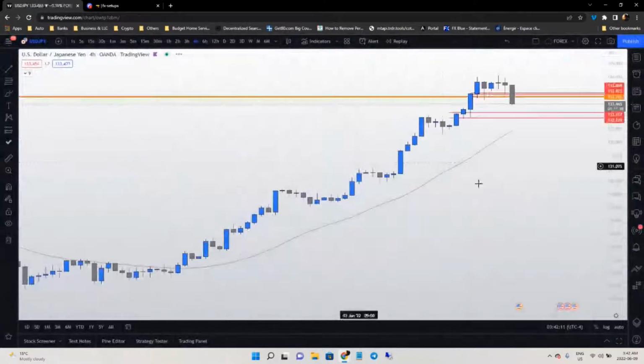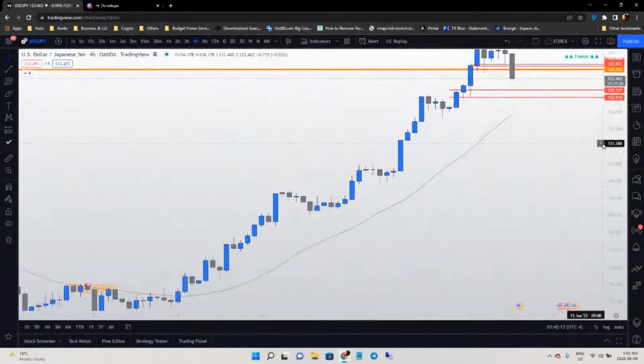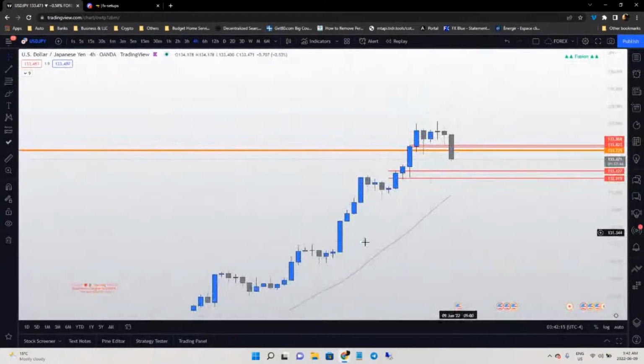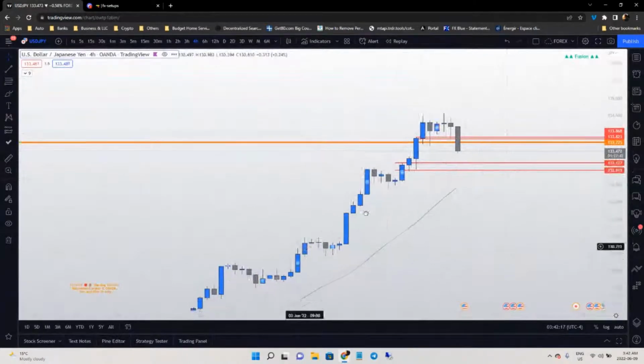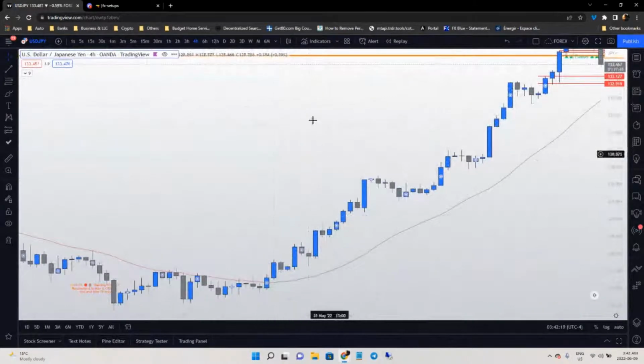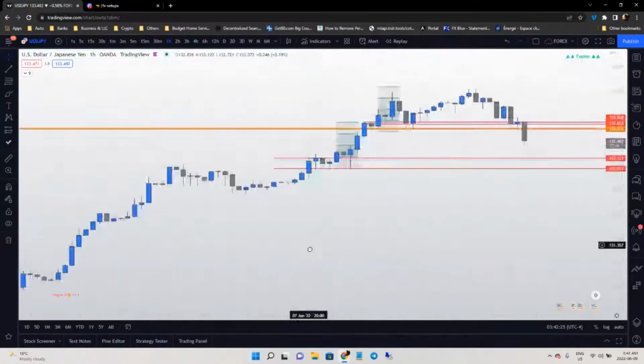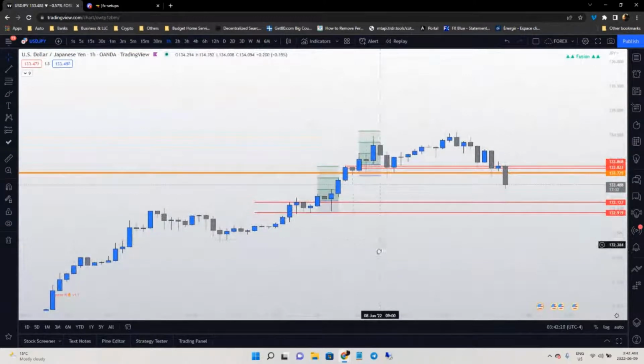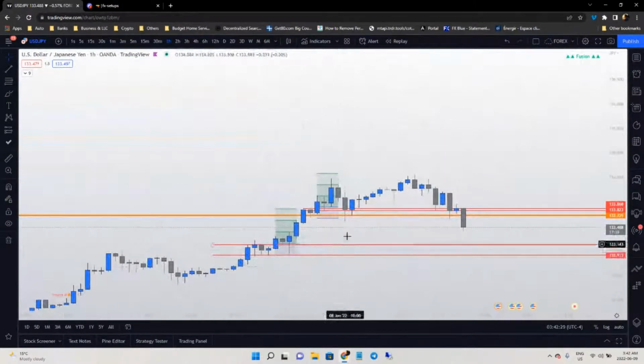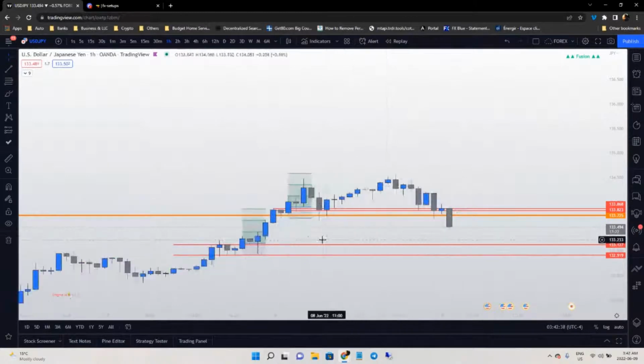The Enigma system only works on the Oanda feed on TradingView, but you're still able to trade it on any brokers. It's going to align with any chart because it's the market, but we're only using the Oanda feed based on the system as a preference. But you're able to trade it the way that you want.